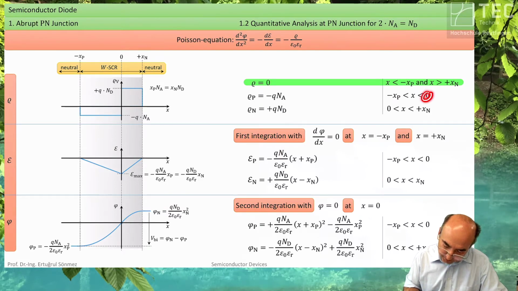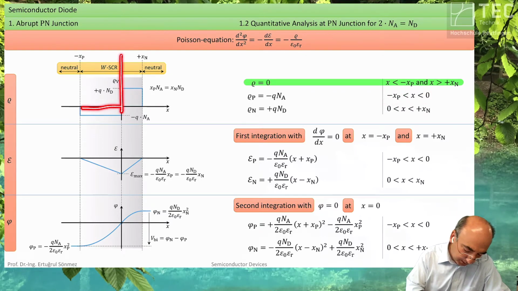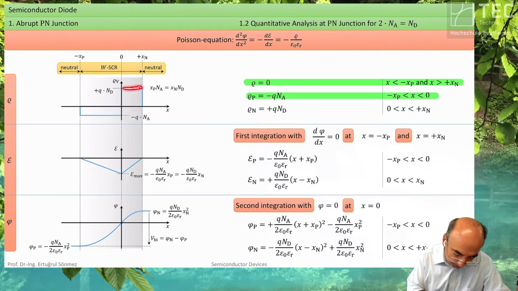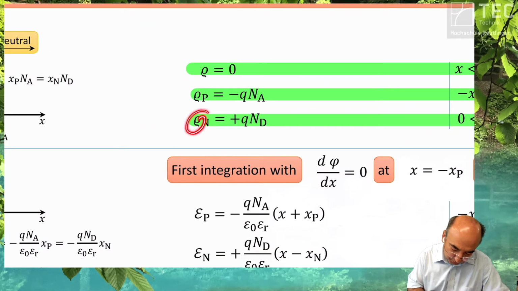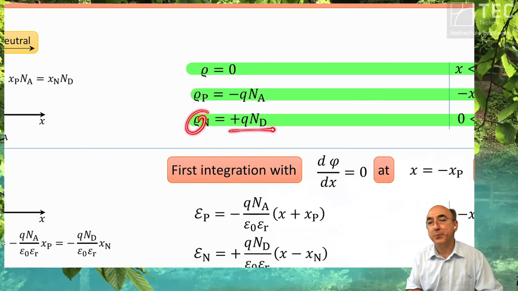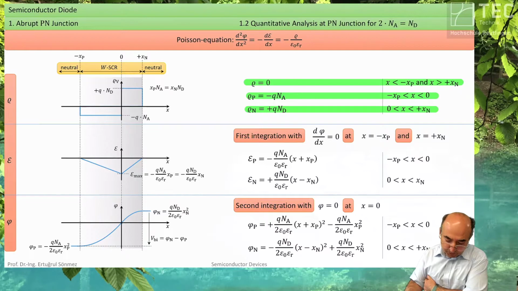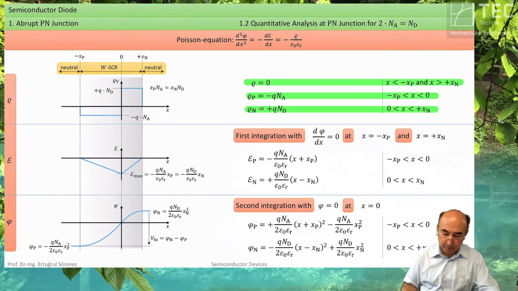Inside of the space charge region, but at the left-hand side, we have a certain value of the space charge. This is this line. And the same game at the right-hand side, we have also a constant space charge, namely this value.